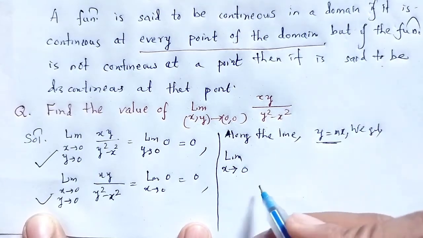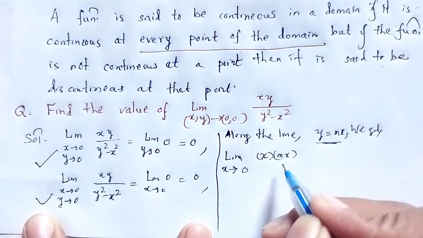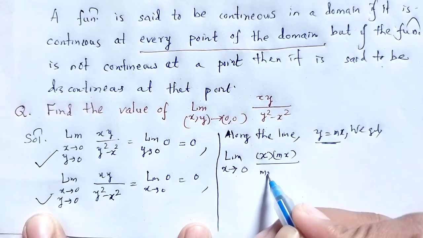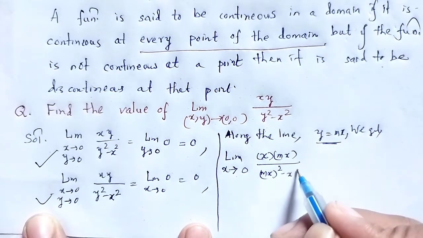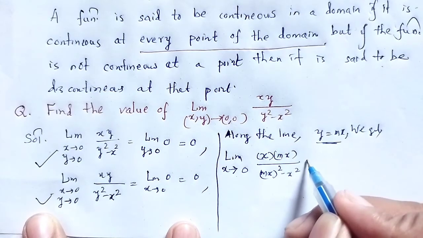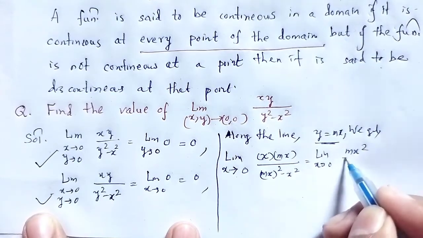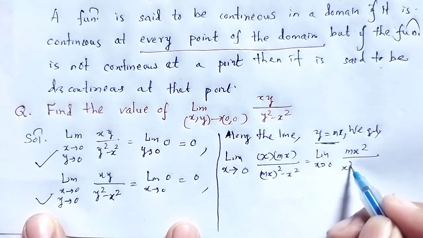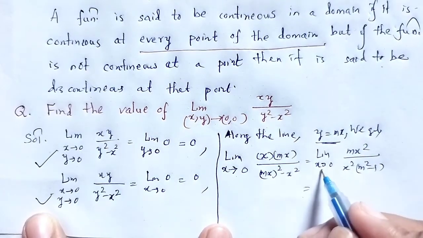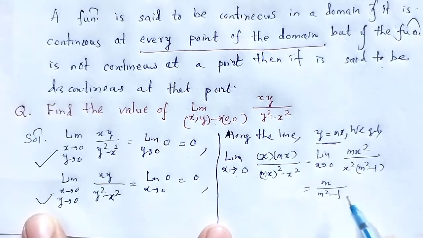We put the condition in place of y, writing mx. The expression becomes mx squared divided by x square into m square minus 1. Evaluating the limit at x tends to 0, the limit is m divided by m square minus 1.